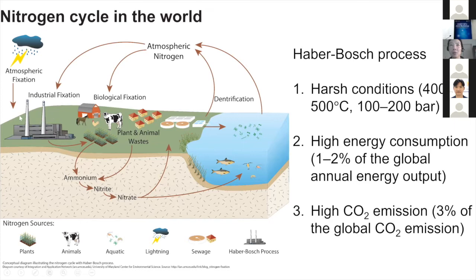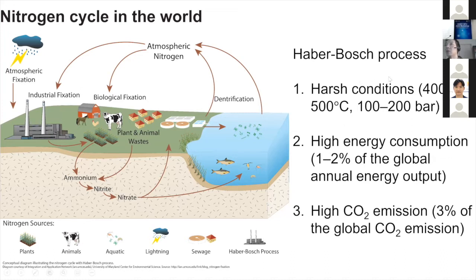Currently in industry, ammonia is produced by the Haber-Bosch process, and this ammonia will further be made into all kinds of fertilizer. So Haber-Bosch is a very important process.